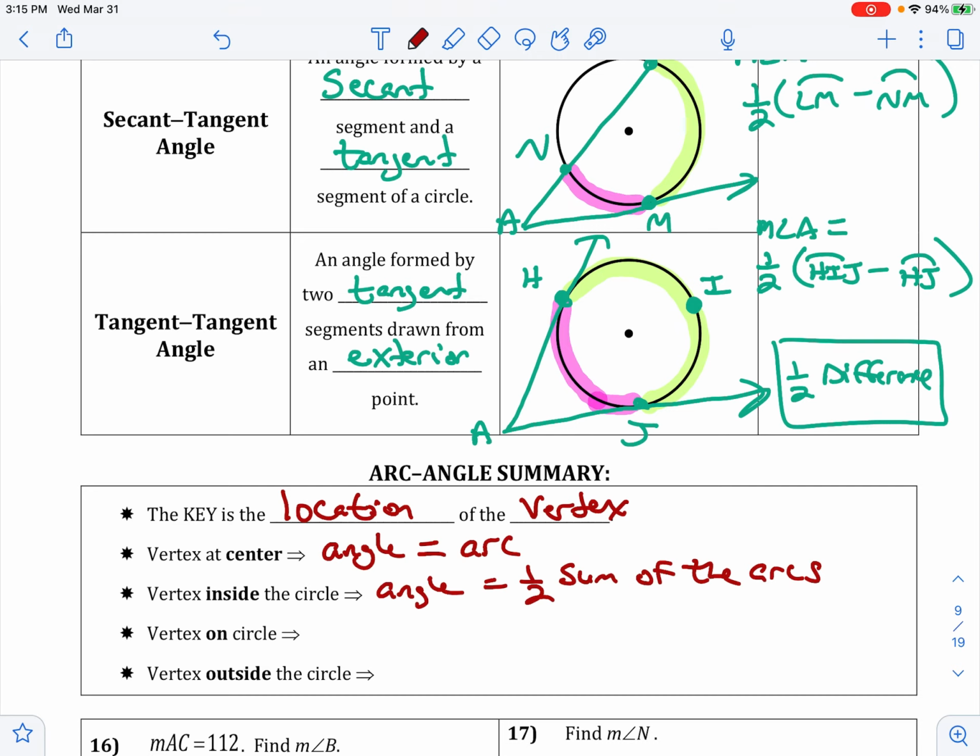When the vertex is on the circle, that was the inscribed angle or the tangent chord angle. The angle just equals half the arc. And finally, when the vertex was outside the circle, the angle is half the difference of the arcs.